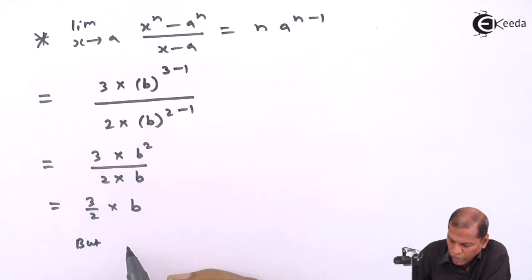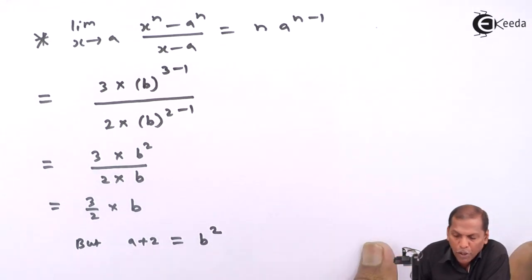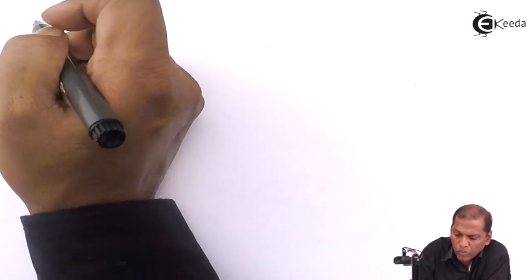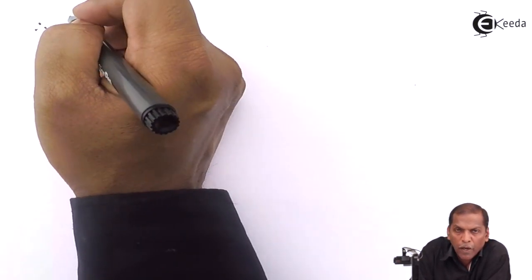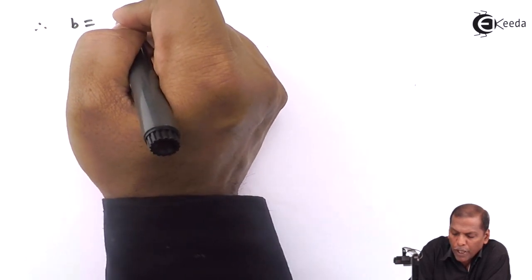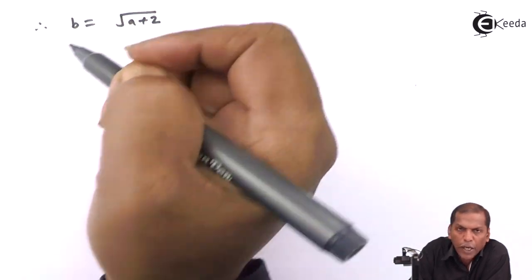But a plus 2 is equal to b square, and therefore, taking square root on both sides, we have b is equal to square root of a plus 2.